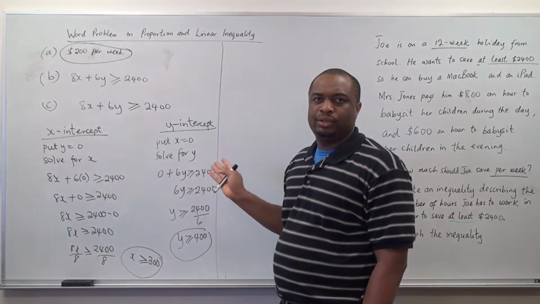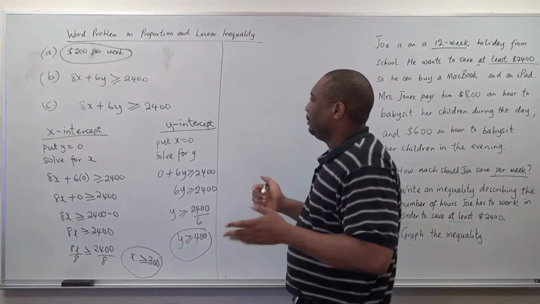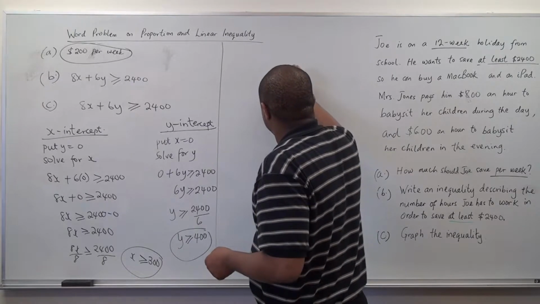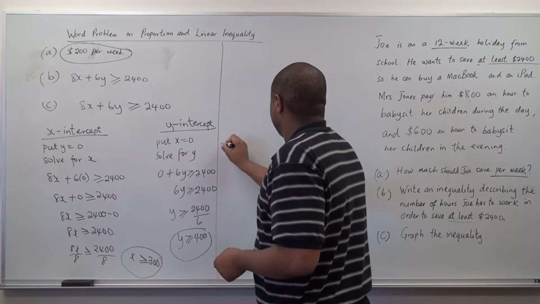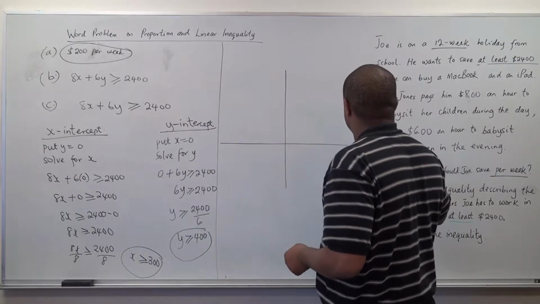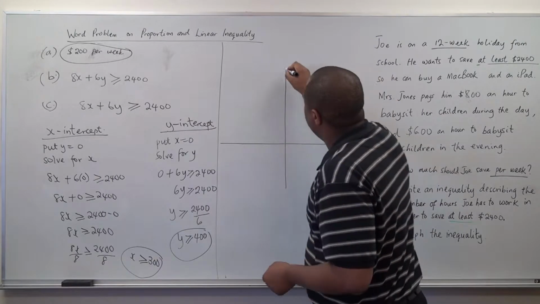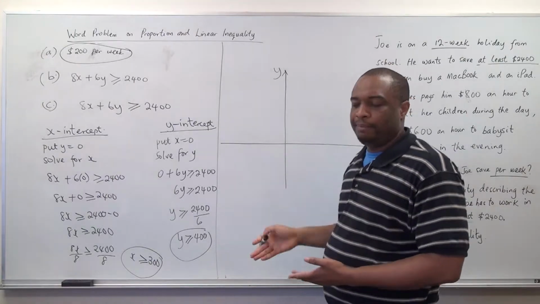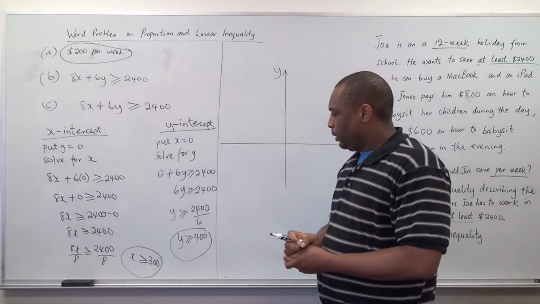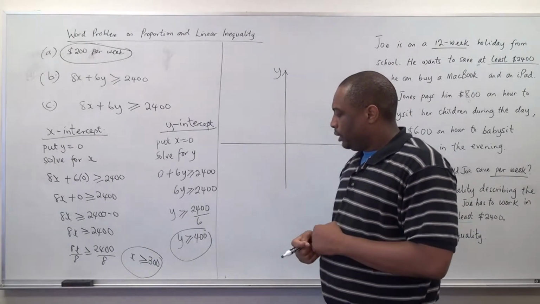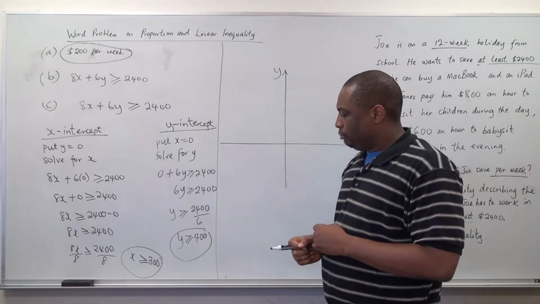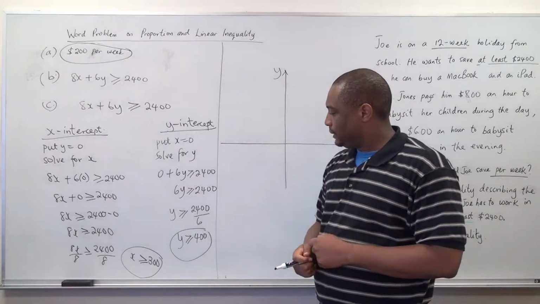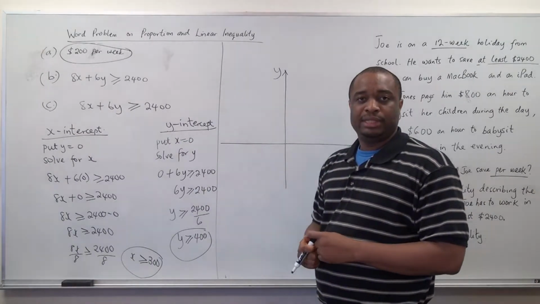The next thing to do is to graph it. You now draw your graph just like you would do equations. You draw your x and y axes, and make sure you label your graph. You choose a suitable scale. Your scale could be 2 cm to 100 units on the x-axis and 2 cm to 100 units on the y-axis.